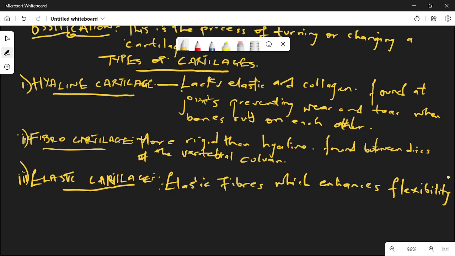This elastic cartilage is the reason why we say that cartilages are flexible. It has elastic fibers, which makes it possible for it to have flexibility.